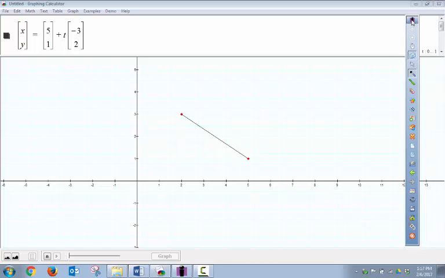Yeah, so for this particular program, when I draw a parametric equation or a vector function like this, it's going to assume that my t only goes from 0 to 1. So if I extend this to, let's say, -1 to 2, that gets a little bit longer, right?